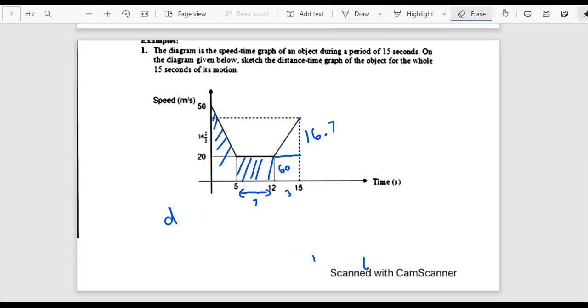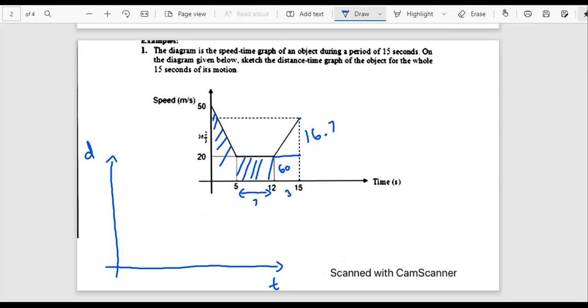Let's say this is the y-axis, this is the x-axis, this is the distance, this is the time. So this is 175. Then for this, what was this exactly, Abdullah? 140, yeah.